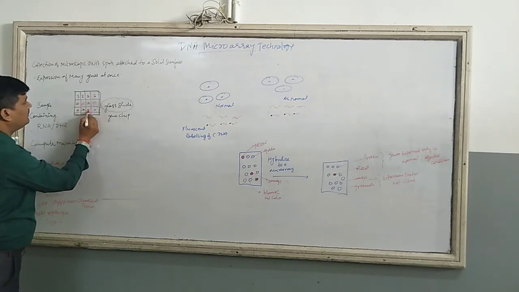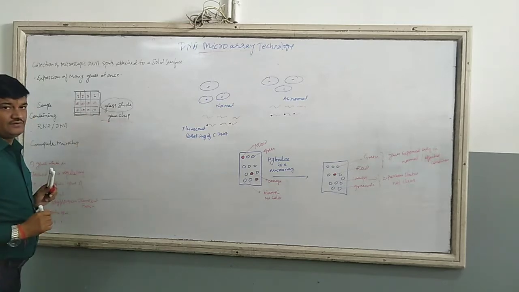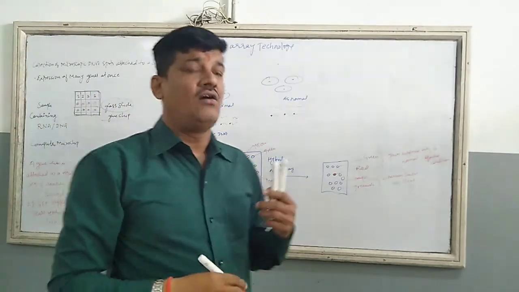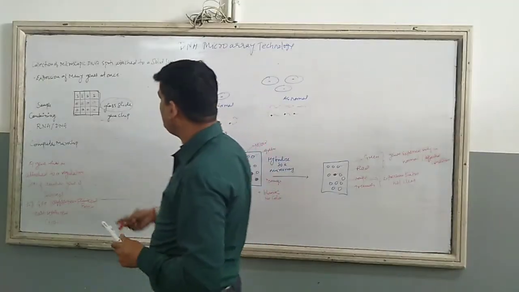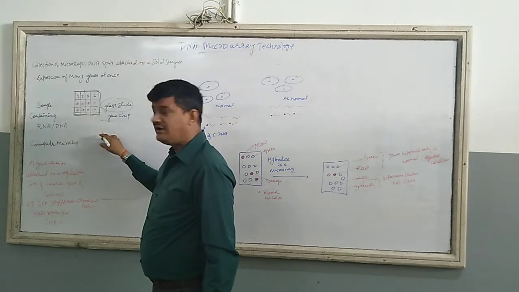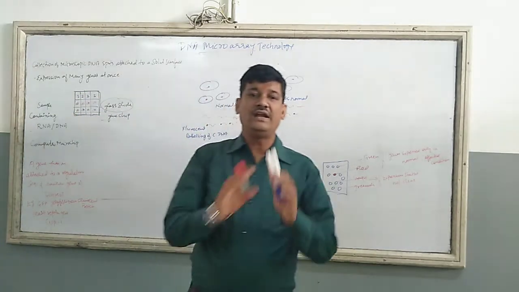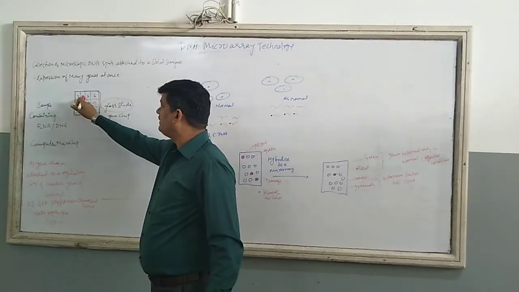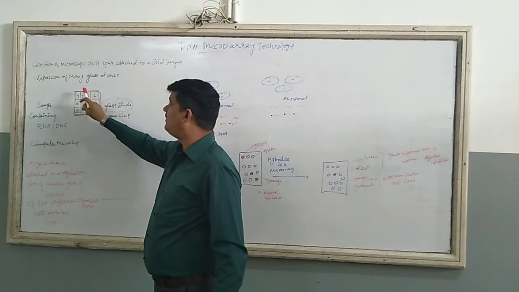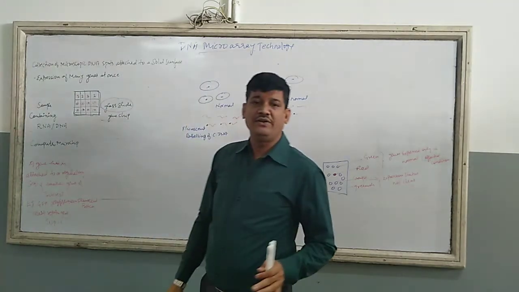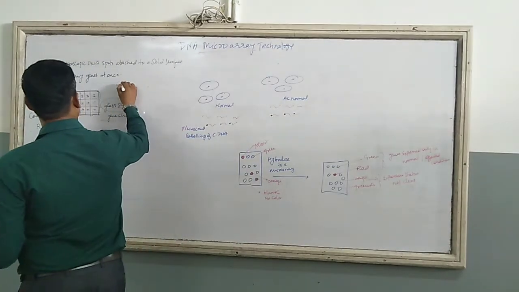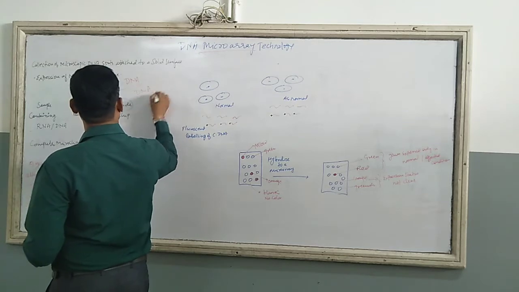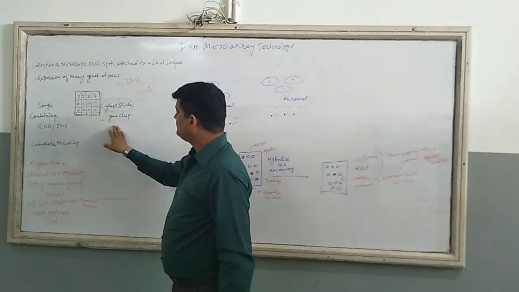So it is called a gene chip. What is the meaning of gene chip? It is the placing of complementary DNA or RNA, or simply a DNA molecule, on a solid substrate. Here we are taking a glass slide, which has certain locations, and each location is bound with the complementary DNA, that we call cDNA, or it is placed with the DNA. So this is known as a gene chip.